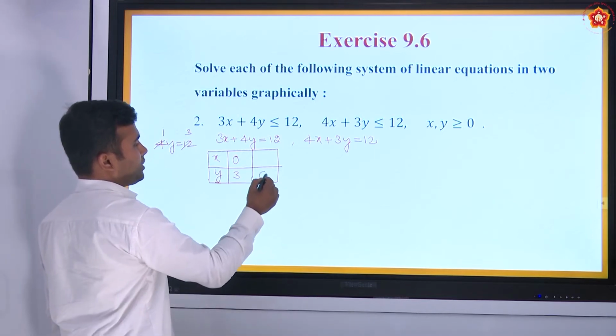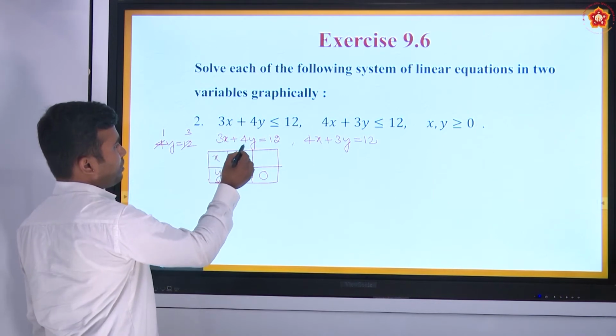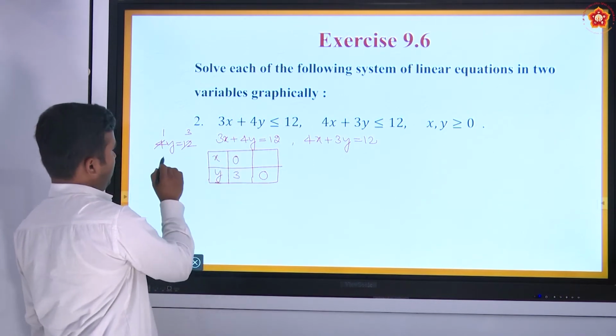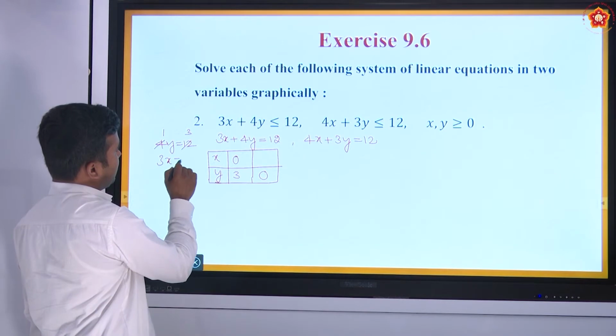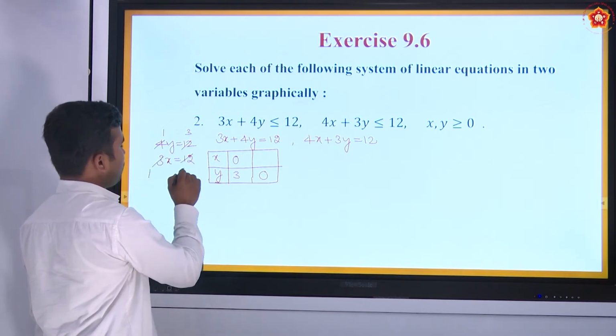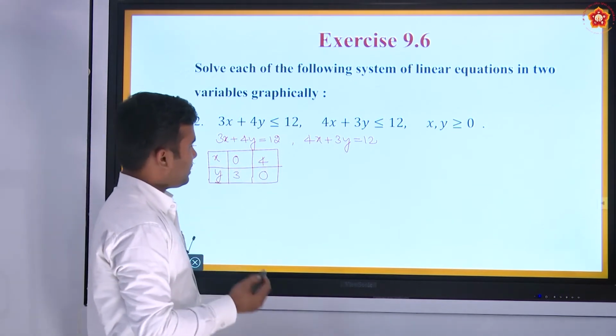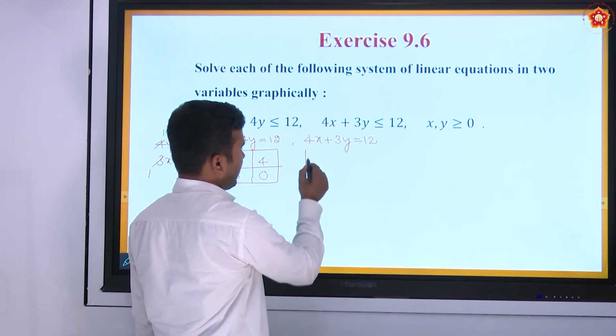Similarly, put y is equal to 0, you will have 3x is equal to 12, so here x is equal to 4. The same you can do for the other line as well.